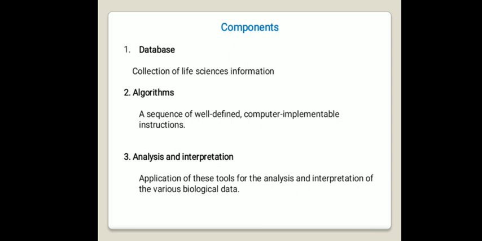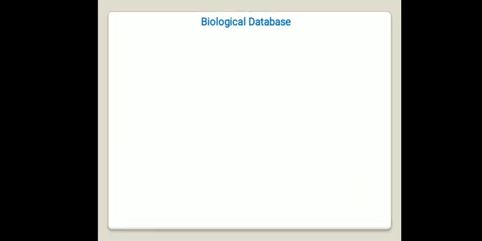Then the third component is the analysis and interpretation. The application of these tools, the databases and algorithms, for the analysis and interpretation of the various biological databases is included in this part. Then let's see a brief introduction about the biological database.